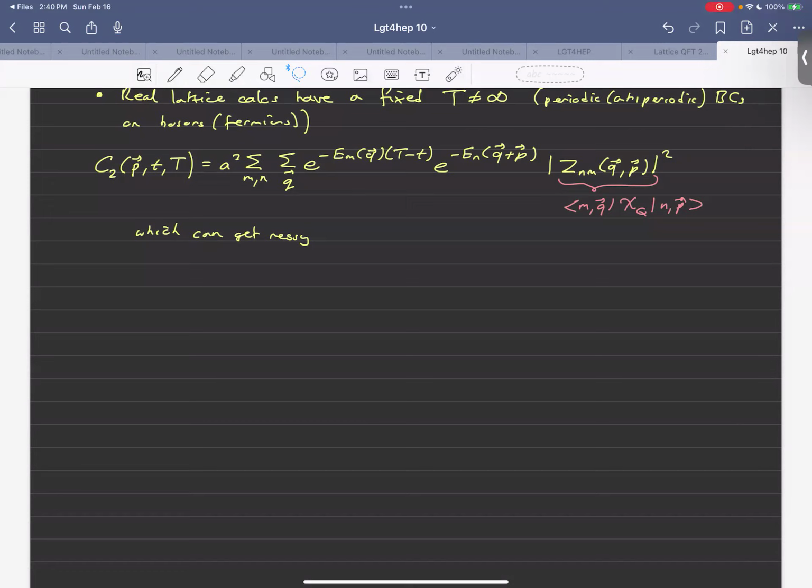All right. So this was a discussion where we had one correlation function. What can we learn? But we can also consider multiple correlation functions. So for example, let's consider we have a set of operators that all have the same quantum numbers.